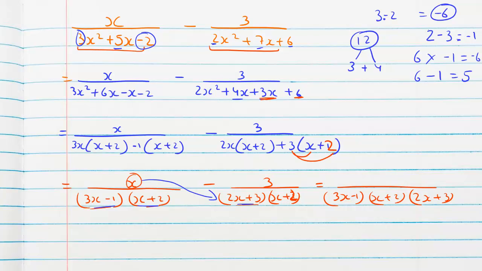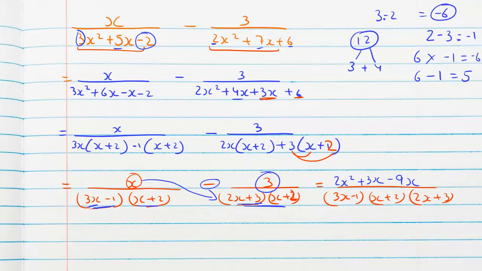So x times 2x, that is 2x squared. X times 3, this 3 right here, we get plus 3x. Okay, and this negative 3, remember the negative sign, this has already two parentheses. The new one being added is 3x minus 1, so it will multiply with this. So when we multiply negative 3 times 3x, we get what? Negative 9x.